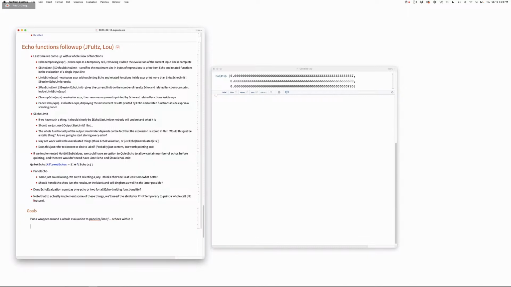That's one type of thing. Another thing we want is for a single echo, make it not generate too much stuff or penalize itself.